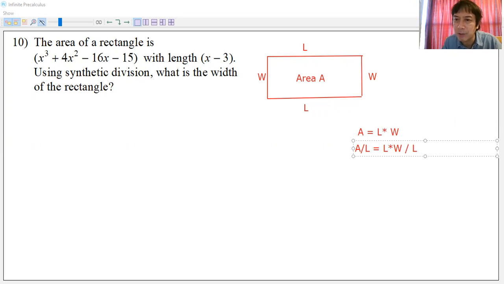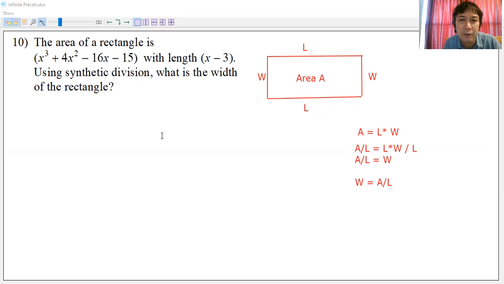The next line will be area divided by the length is equal to the width. Properly written, width is equal to area divided by the length. So for our solution, it will be the dividend area divided by the divisor length.